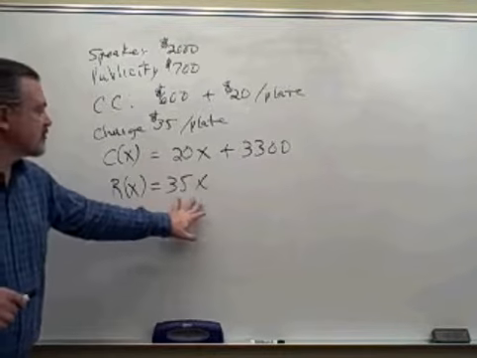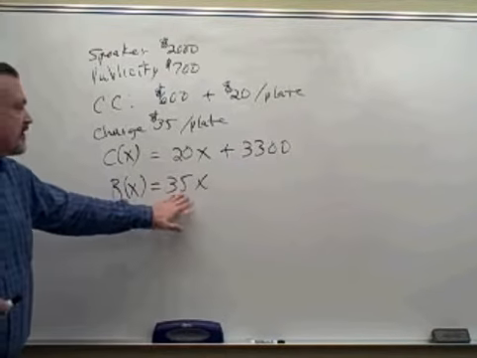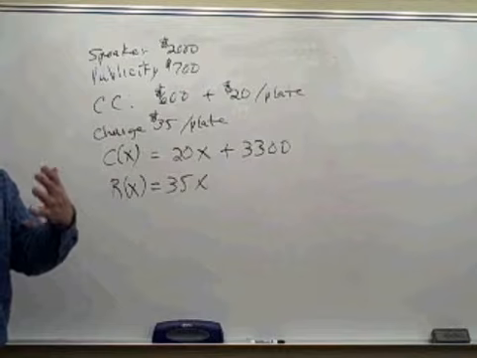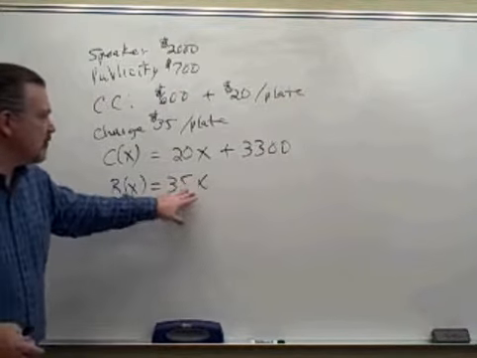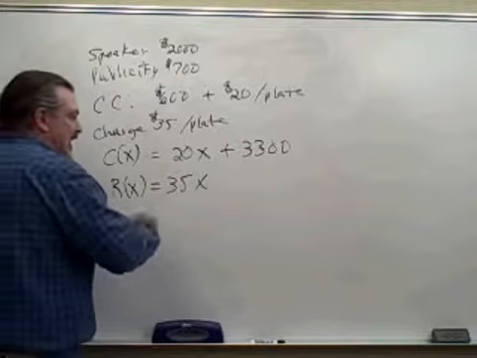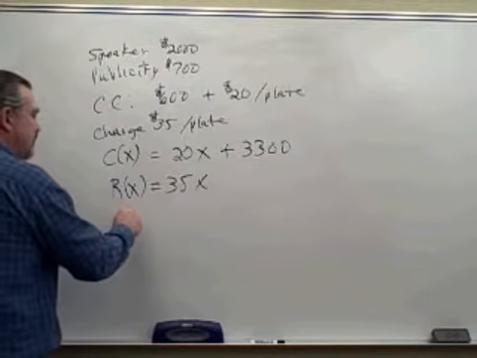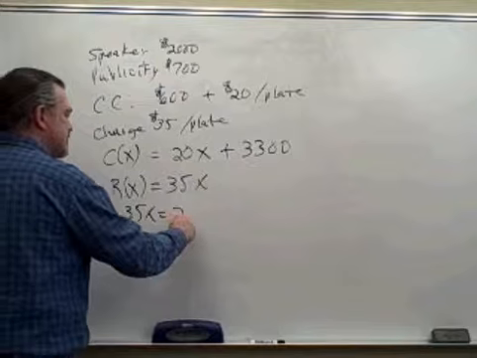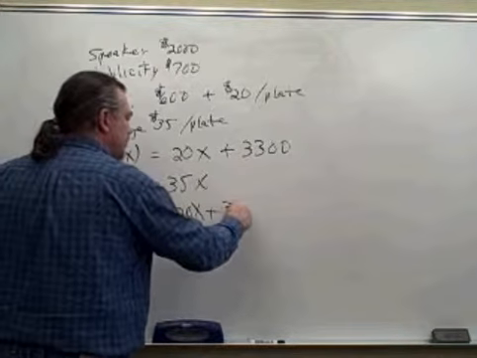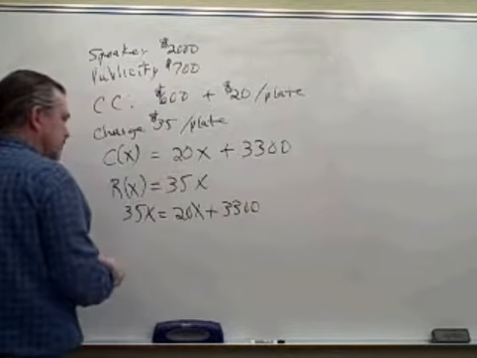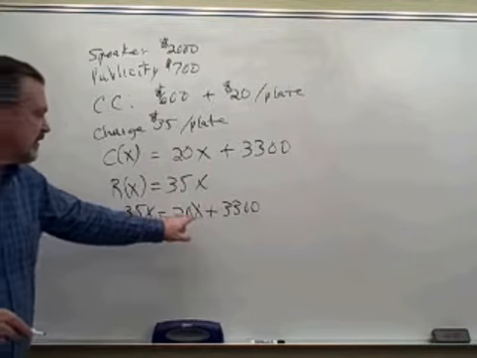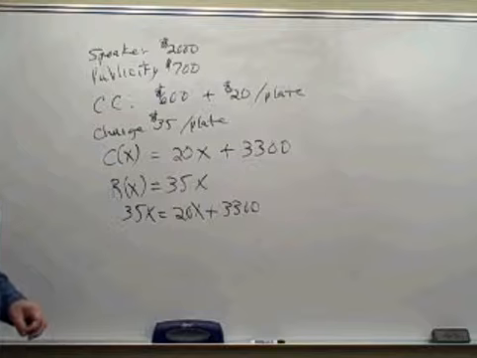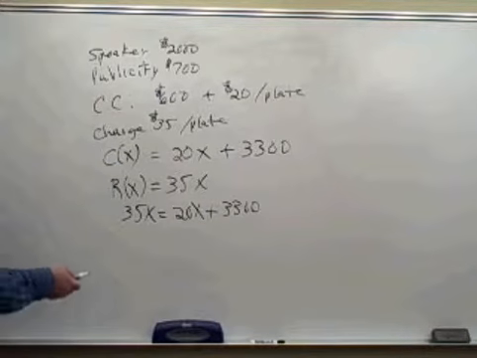So if we're going to charge $35 a plate, we'll have to sell tickets to enough people that the revenue will cover the cost. So how many plates, how many people, how many tickets would have to be sold? Revenue has to equal cost for a certain number of tickets, plates, people.